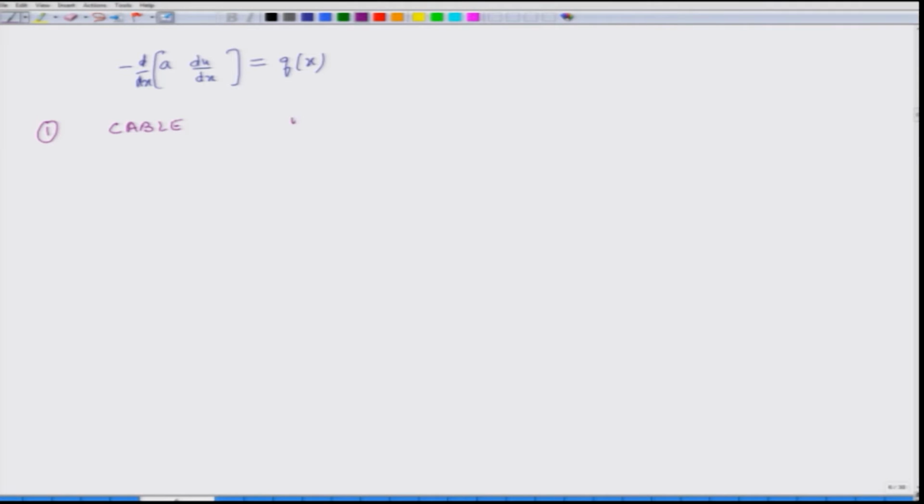So, here u corresponds to deflection, A corresponds to tension in the cable, and q of x, which is the term on the right side of the equation, is the transverse load on the cable.